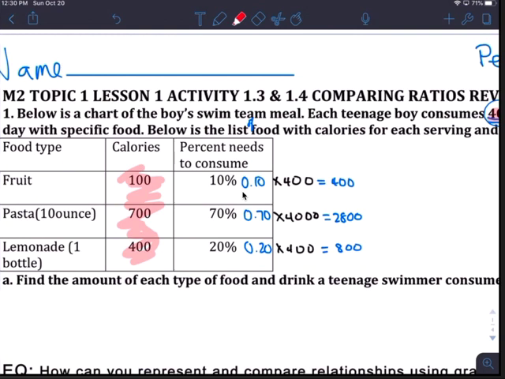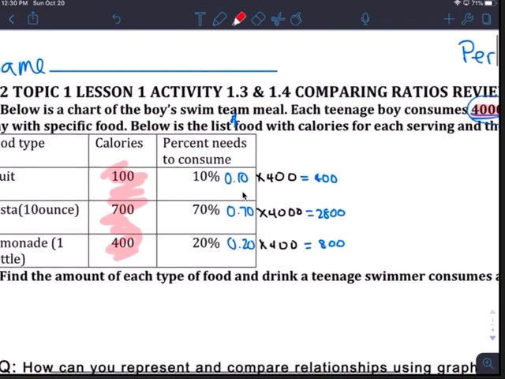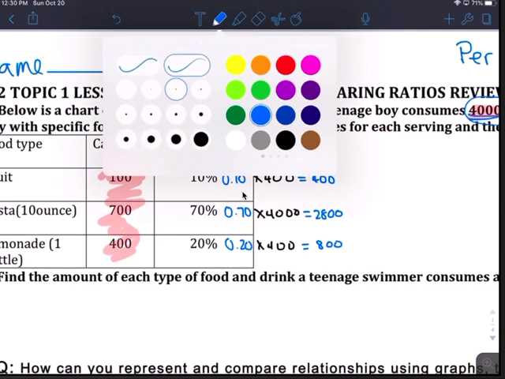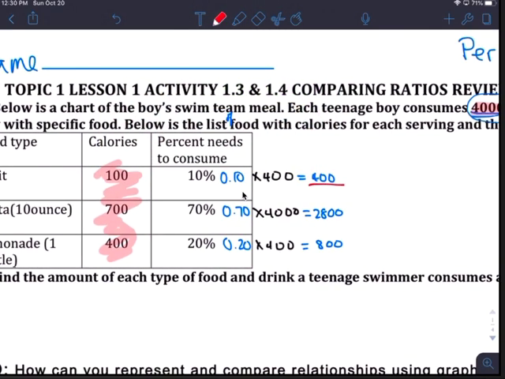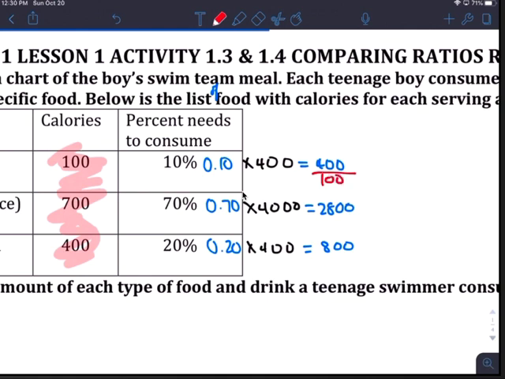Once you get that, you need to divide it by these calories of each fruit: 100 calories, pasta 700 calories per serving, and one bottle of Gatorade is 400. So you need to divide by those total calories.